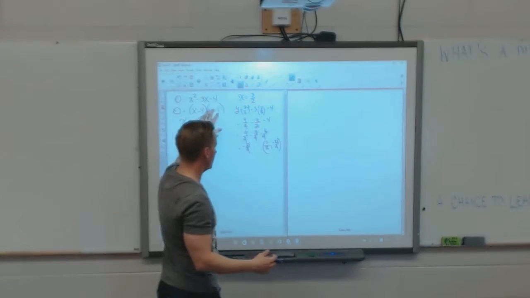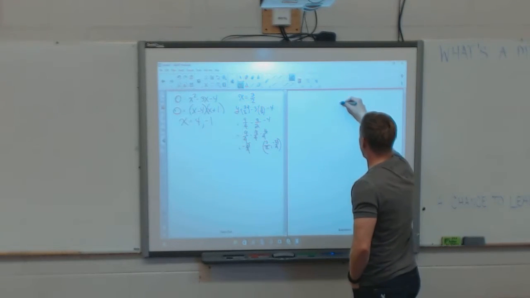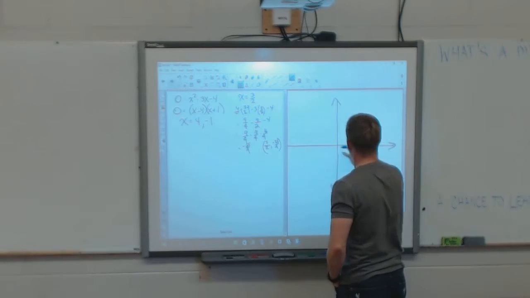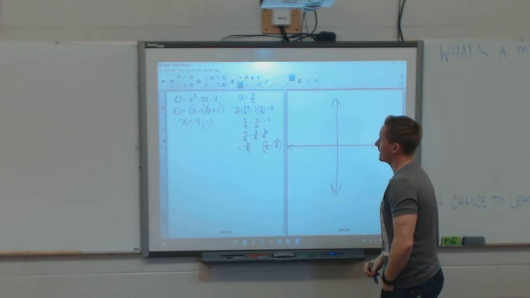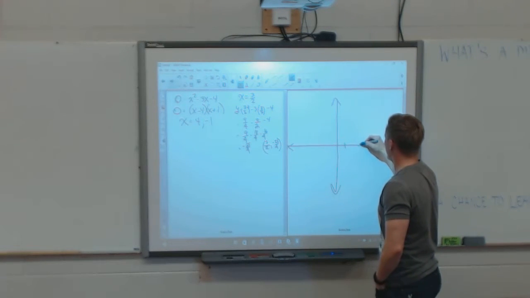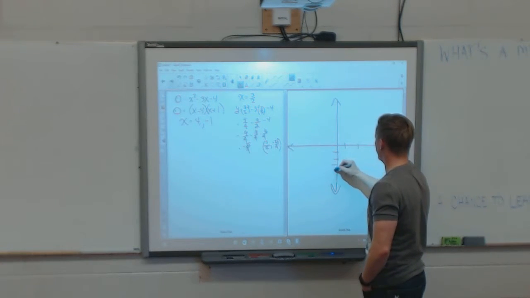So now, from this point, now that I've got my vertex, I'm going to graph it without my absolute value for a second and see what it looks like. Because I have my vertex, right? 3 over 2, which is 1.5, right? And then down here is 2, 3, 4, 5, and 6. So it's about right here.